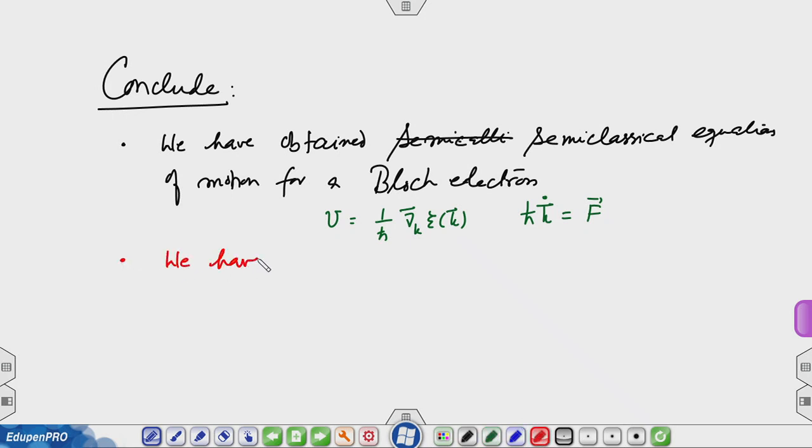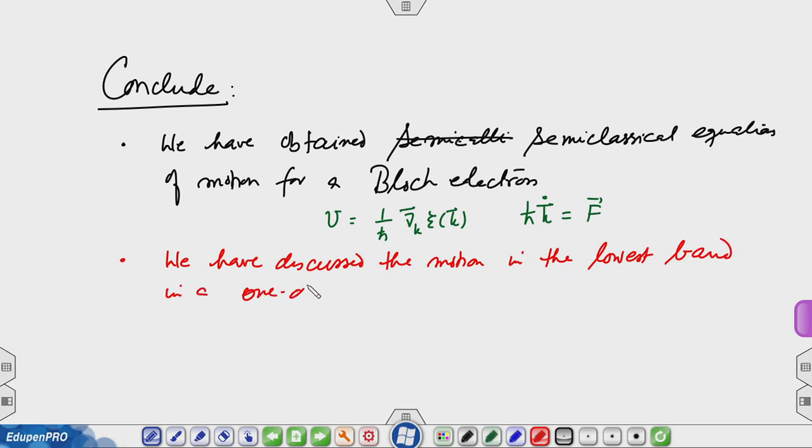We have discussed the motion in the lowest band in a one dimensional crystal, and the consequence is no conduction in a pure crystal.